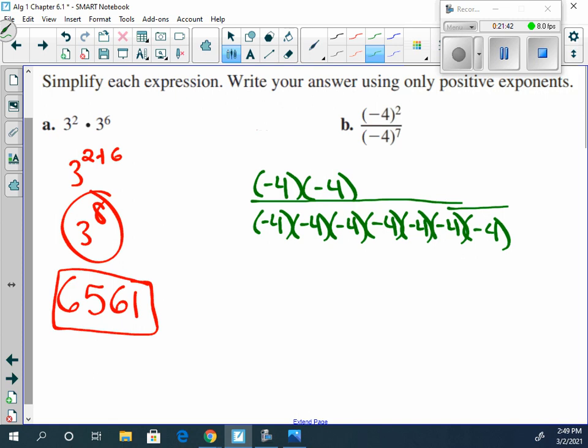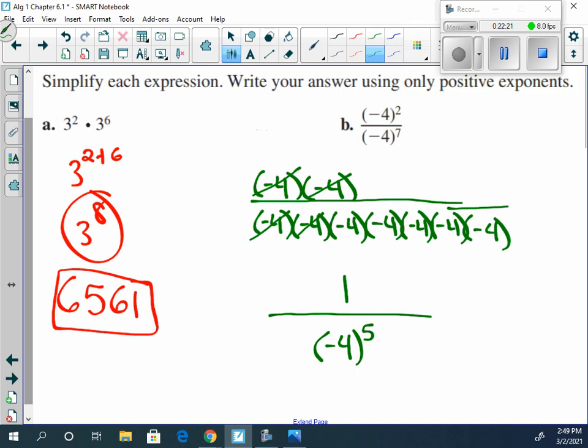Okay. So we have this here, yes? And anything divided by itself is what? 1, yes? So these would simplify to 1. And these would simplify to 1. Because there's nothing left in the numerator, it becomes 1. Now, how many do I have left in the denominator? 3, 4, 5. So really, this is negative 4 to the 5th power, yes?